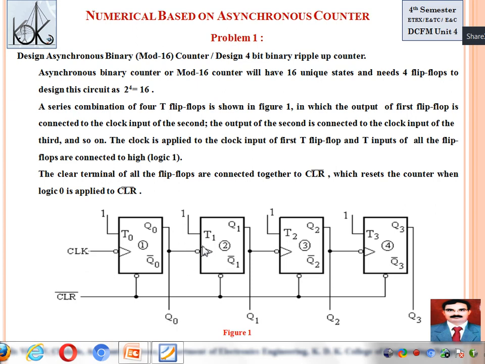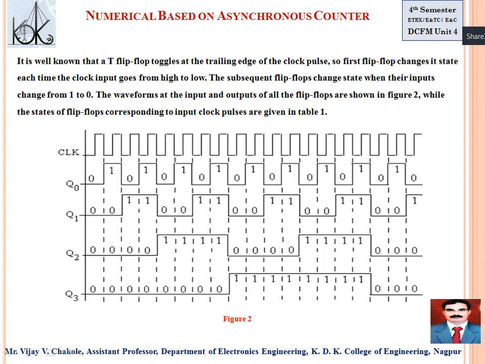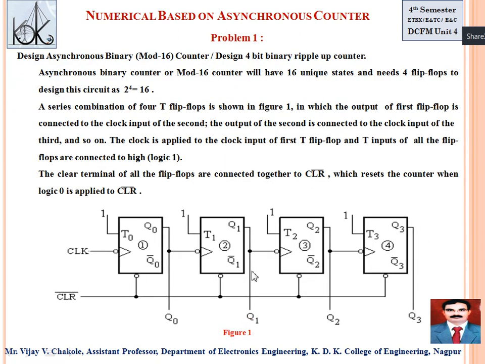Now the working of this counter. When the first negative edge comes to flip-flop 1, as T equals 1, Q0 toggles from 0 to 1. This is a positive edge for the next flip-flop, but your requirement is a negative edge.